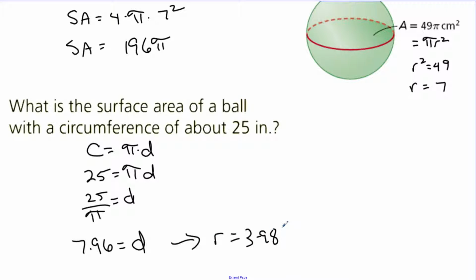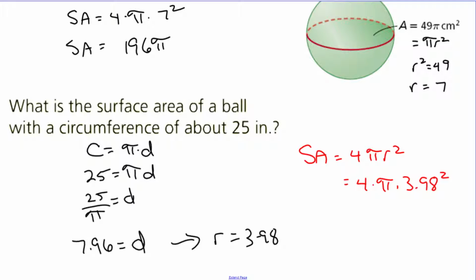And now I can plug into my formula and say, now that I know all this, surface area for spheres is 4 pi r squared. My r is 3.98, so I'll say 4 times pi times 3.98 squared. And again, because they didn't specify to leave our answer in terms of pi, we'll actually go to our calculator and do 3.98 squared.